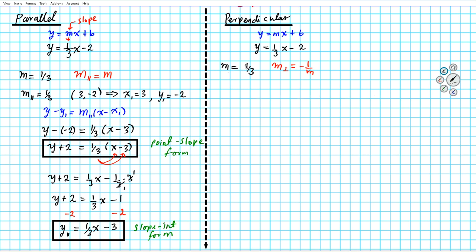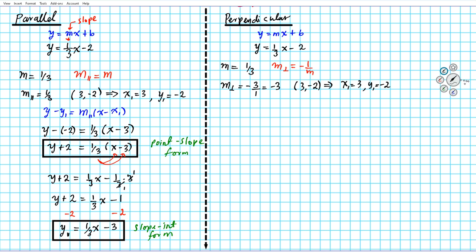So if m, the slope of the original line, is 1/3, then m perpendicular, the slope of the perpendicular line, you flip the sign, negative, and flip the number, 3. So it's going to be -3. And then the point is the same point that it's going through, which is (3, -2). So that helps us to see that x1 is 3 and y1 is -2.